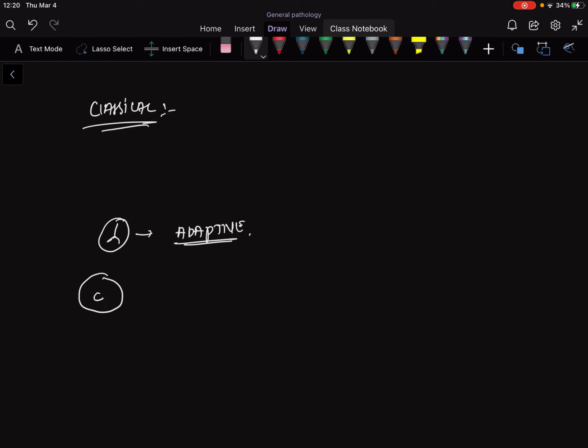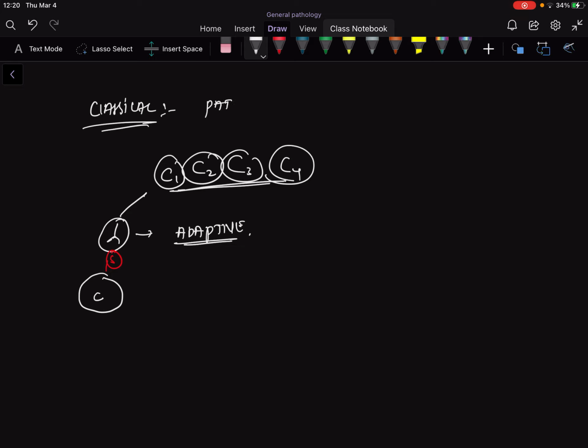Suppose this is coronavirus and these are the spike proteins, and these are the antibodies neutralizing the spike proteins. These antibodies will activate complement proteins C2, C3, C4. Actually it is not in order. So the classical pathway is mainly adaptive.